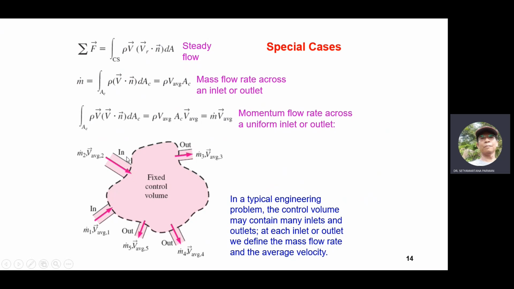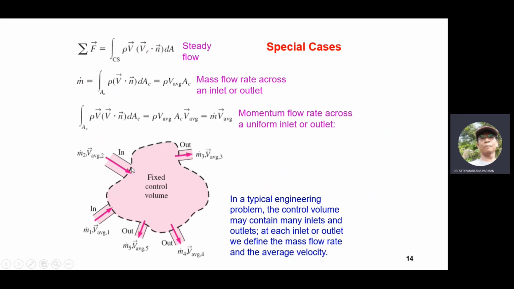In typical engineering problems, the control volume may contain many inlets and outlets. At each inlet or outlet, we define the mass flow rate and the average flow velocity.